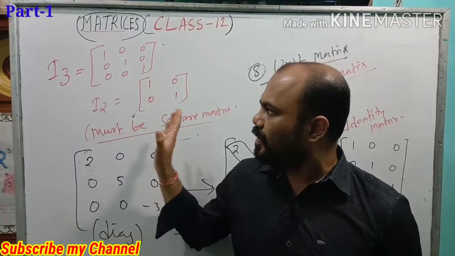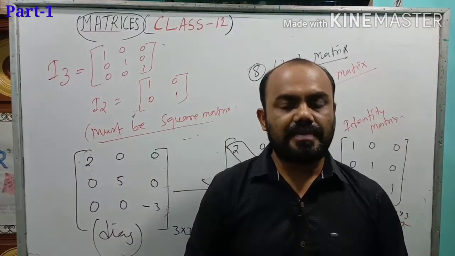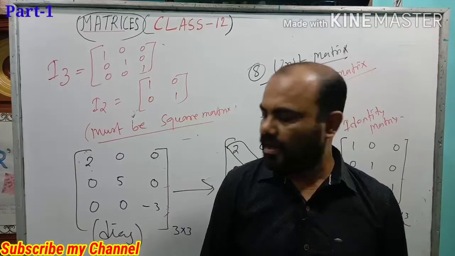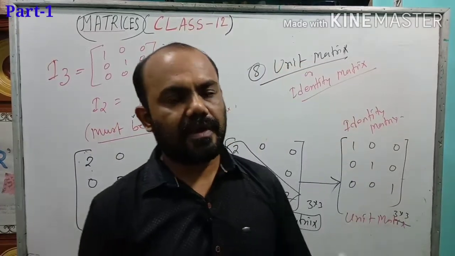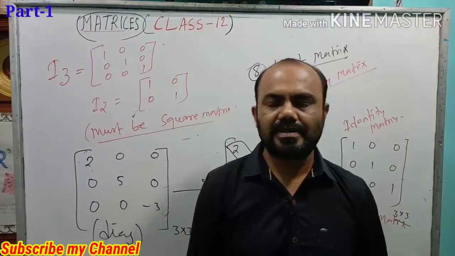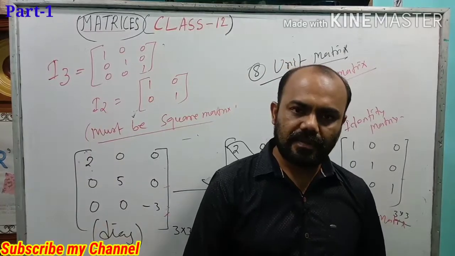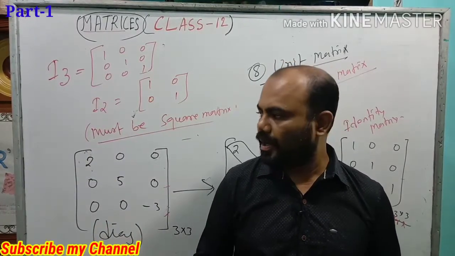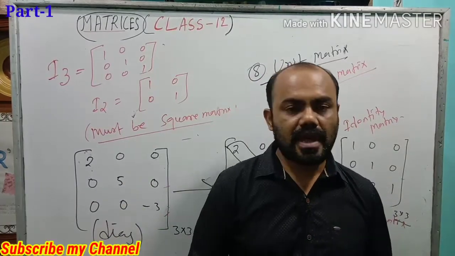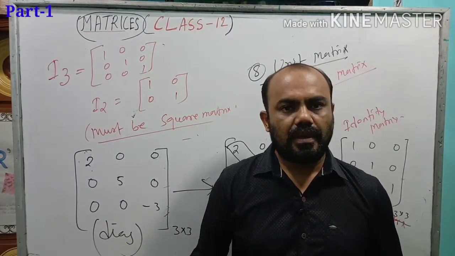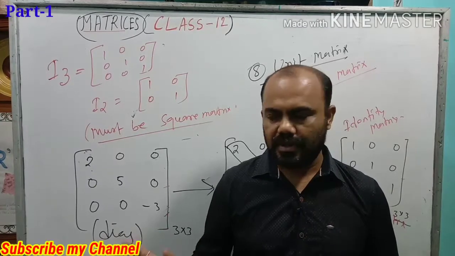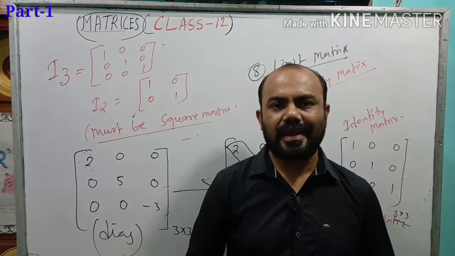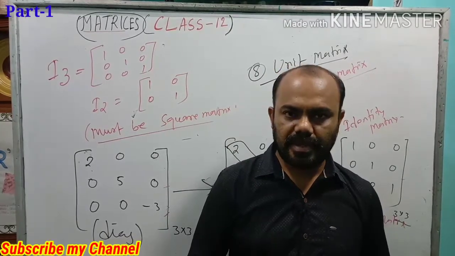Up to this, these are the basic types of matrices and the definition of a matrix. Hope you understand what a matrix is, the different types of matrices, what the order of a matrix is, what rows and columns are, and what the diagonal of a matrix is. In the next part I will discuss some operations and some more types of matrices.